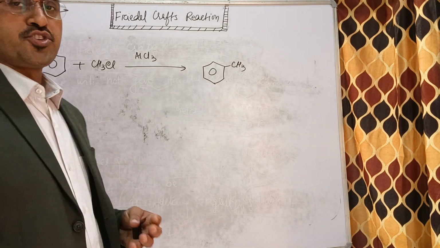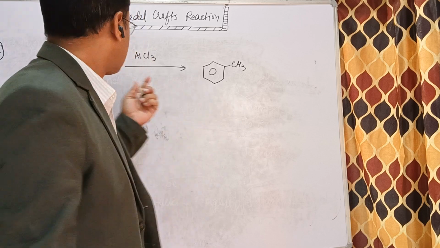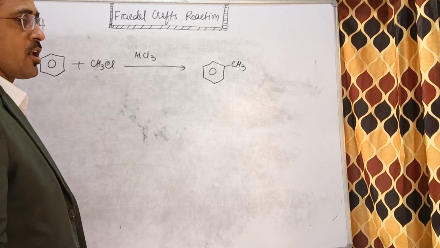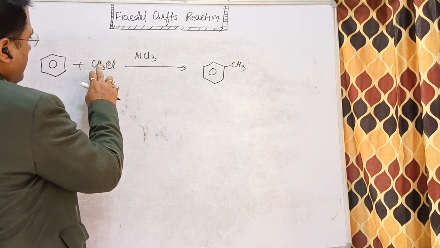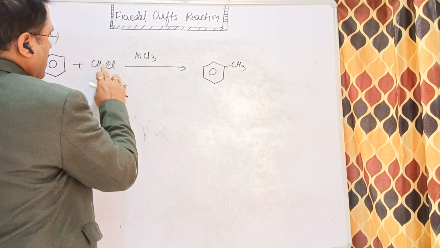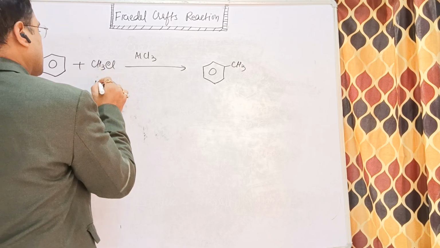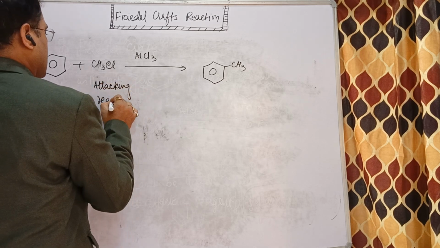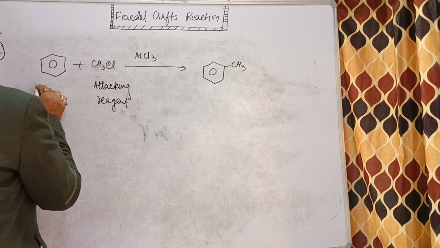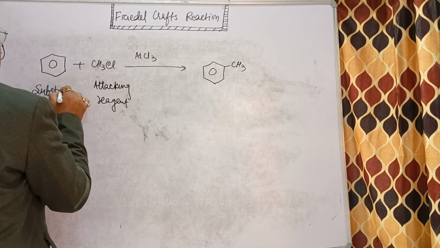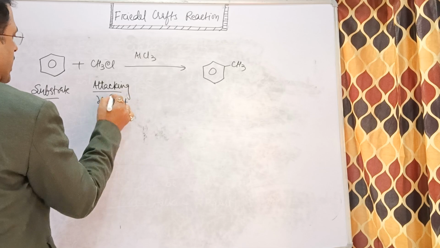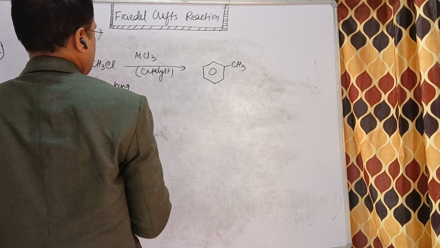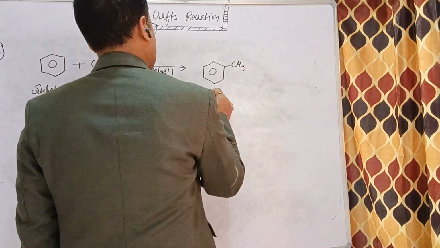Now we talk about some questions on the Friedel Crafts reaction. Benzene is taken as the substrate, or any benzene derivative can also be taken, and methyl chloride as the attacking reagent. This is the substrate, this is the attacking reagent, this is the catalyst, and this is our product.